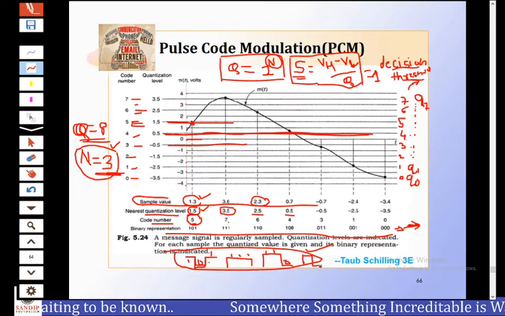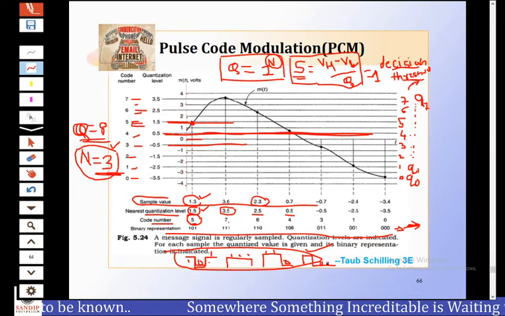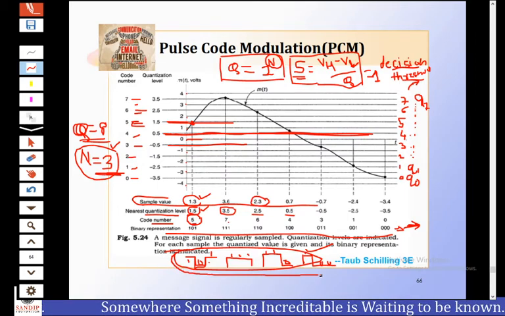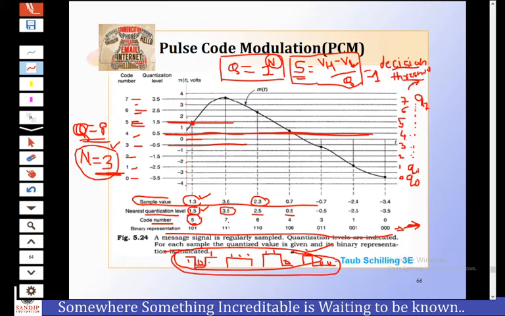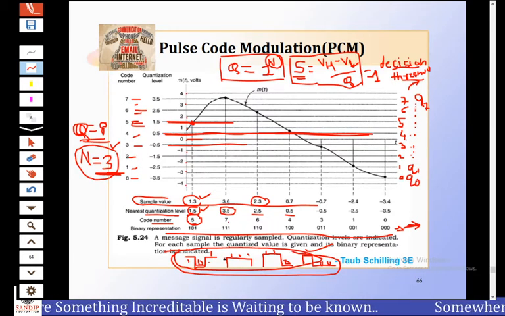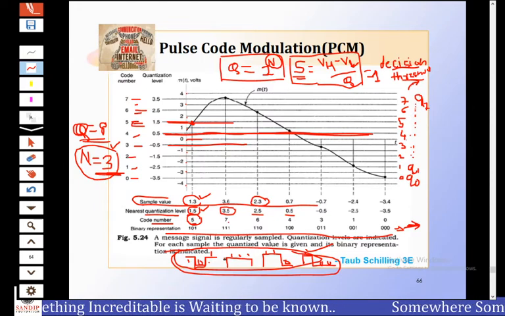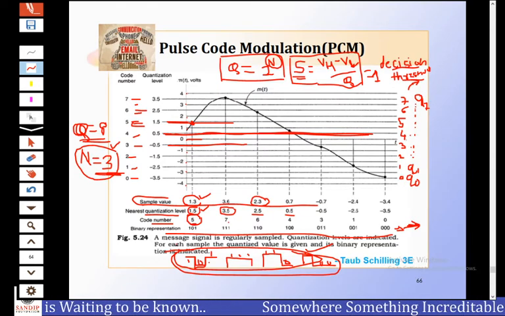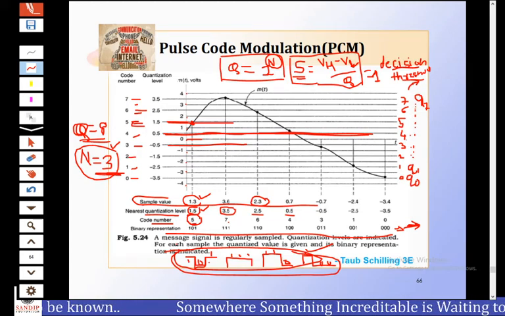So this is the final pulse output of the PCM encoder. This pulse output of PCM is transmitted through the channel or applied to regenerative repeaters in the transmission path. So this is the process of the pulse code modulation encoder.